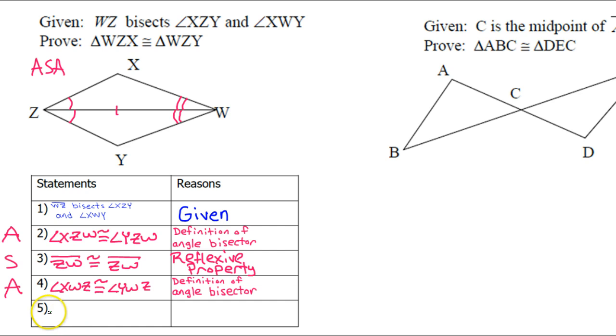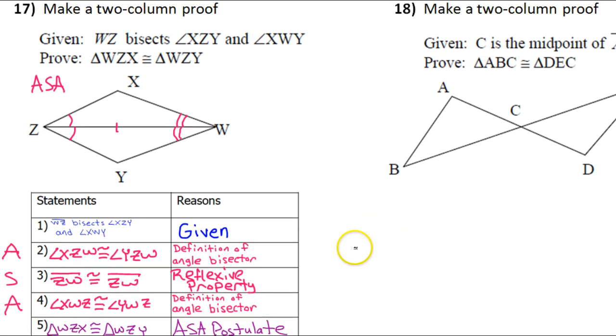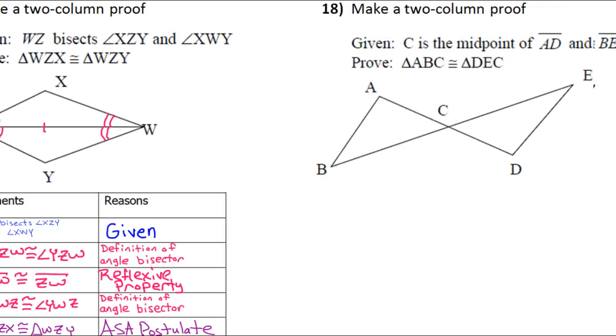Okay, so I can say triangle WZX is congruent to triangle WZY by the angle-side-angle postulate. Okay, so that is your two-column proof for number 17. Alright, let's go ahead and look at number 18.